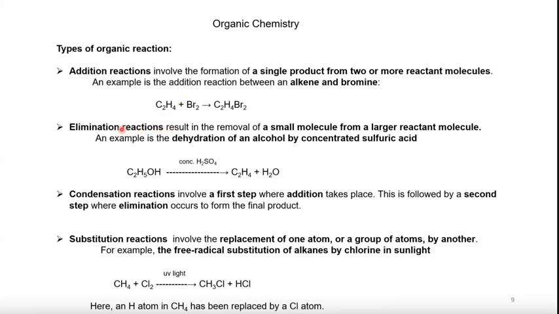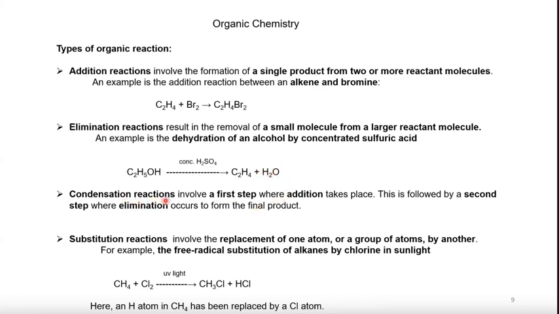In elimination reactions we remove a small molecule from the reactant. Let's say methyl alcohol in concentrated sulfuric acid, we get ethene, is it not? Ethene, and then a water molecule. We get out a water molecule from here.